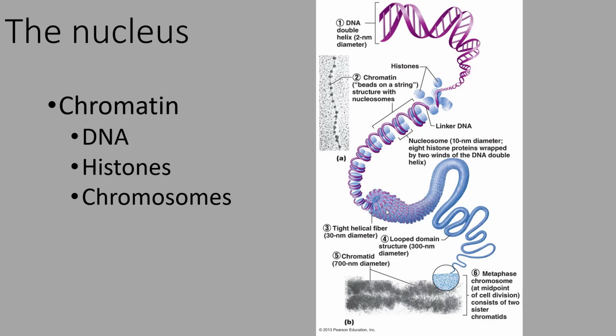Now, like we said, most cells in our body are not dividing, and most of the DNA in our body is in that state. But when a cell goes to divide, when it's ready to go into mitosis, like we saw in the lab, that DNA needs to be easy to move around. We need it to be able to be manipulated a little bit. So what we're going to do is we're going to condense it.